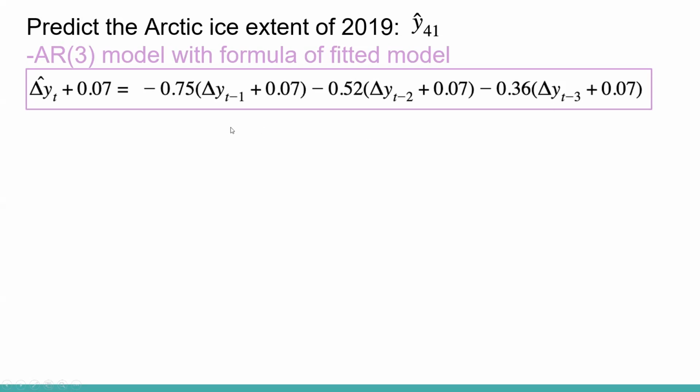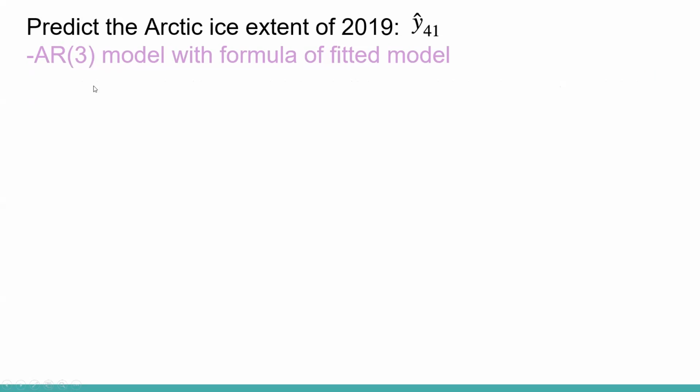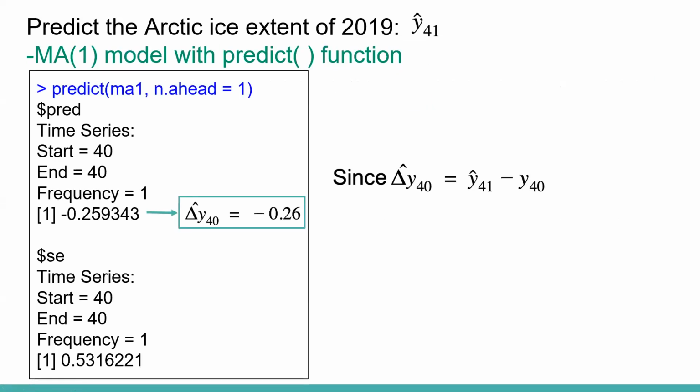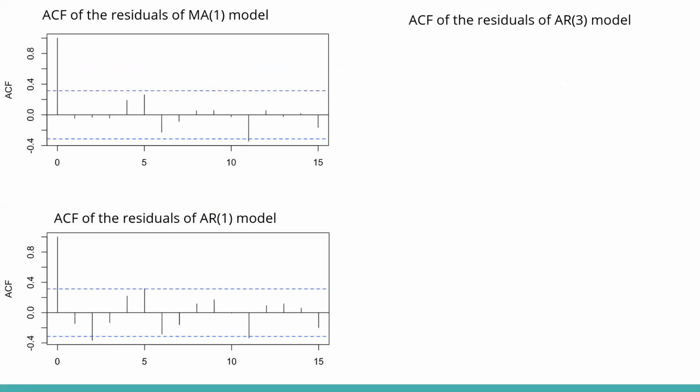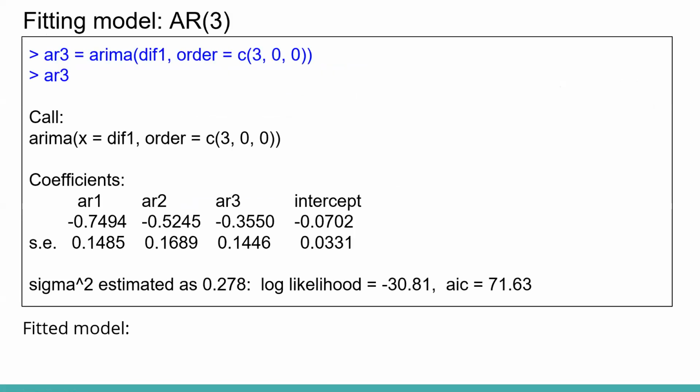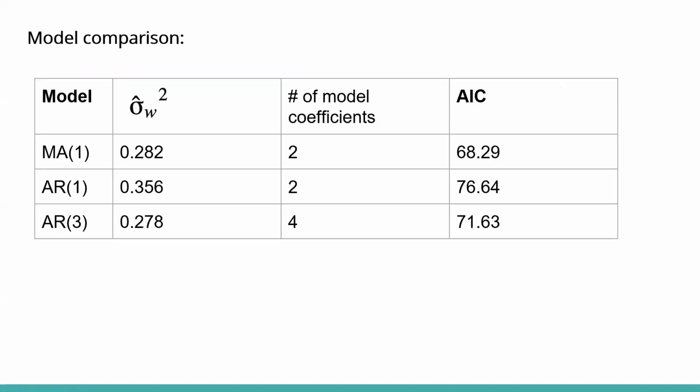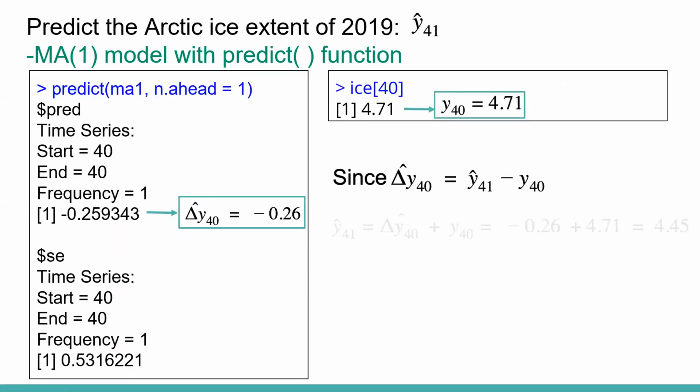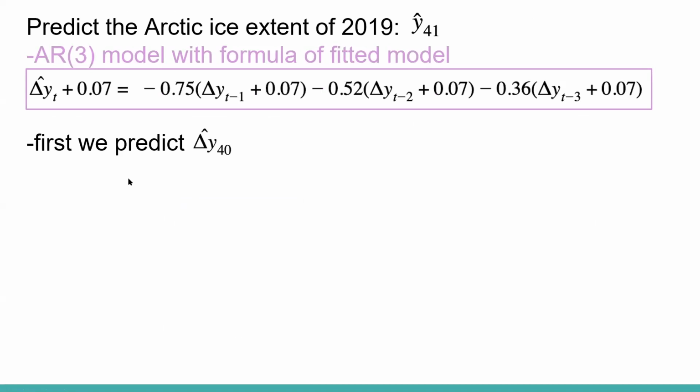And don't forget the 0.07 that you have right there. I'm going to show you in the AR of order 3 right now. The 0.07, can you see that now, is the intercept and is the mean. Do you remember that? It is the mean, and that's why we're subtracting that. I'm going to show you now. That is why you added it here. Can you see that now?